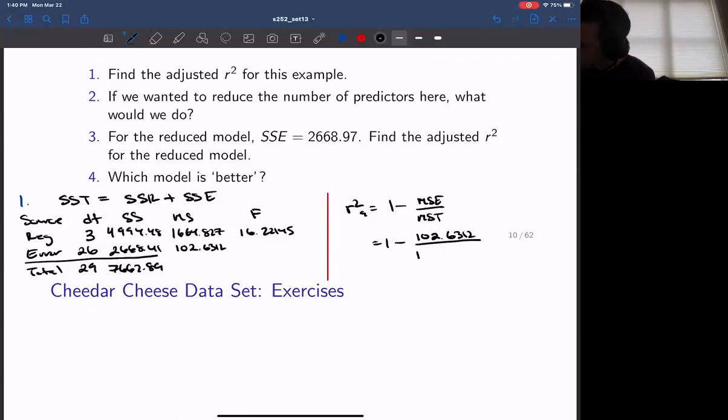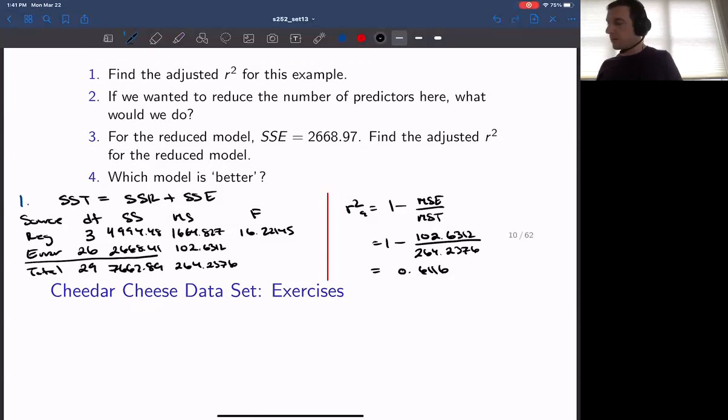So that's going to be, actually, we need that one too. 7,662.89 divided by 29. So that's 264.2376. So 1 minus 102.6312 over 264.2376. And that gives us 0.6116. Okay, so this is the adjusted R-squared for the full model.